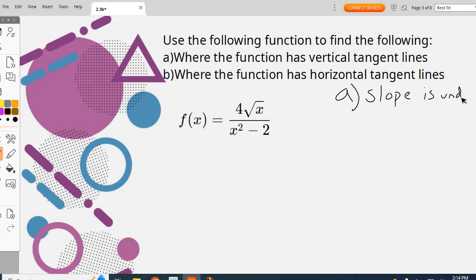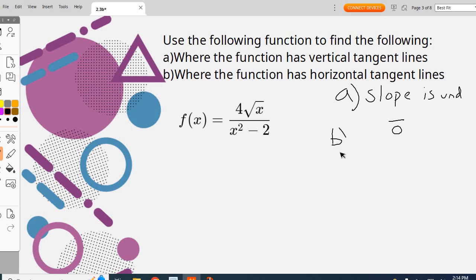The slope of the tangent line is the derivative, yes? And when will I have something that's undefined? Yes, so we're going to take our derivative, and then figure out where our derivative has a 0 in the denominator and not a 0 in the numerator.